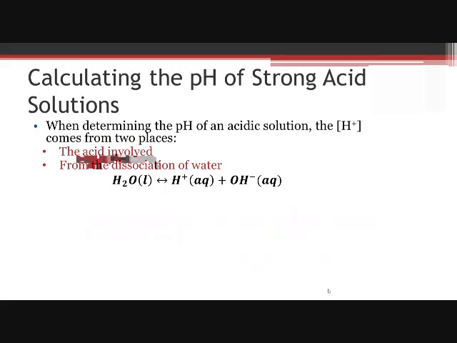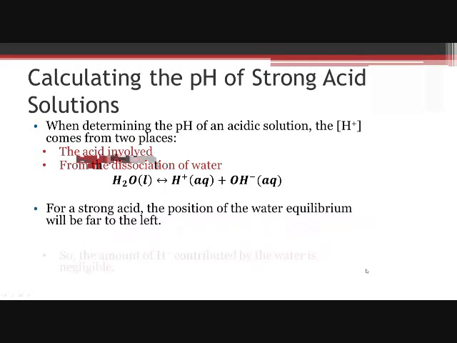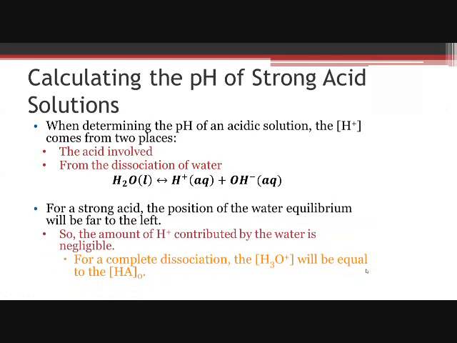So we have to think about the acid that's involved, and also how does it react with the dissociation of water. Okay, so for a strong acid, since it has a far left position, then it's going to just completely dissociate. So when we're solving for pH of a strong acid, like I said, whatever the hydronium concentration value is, you just plug that in.